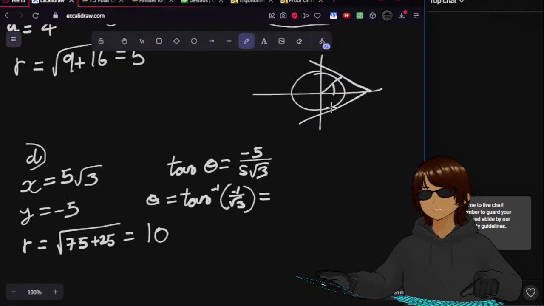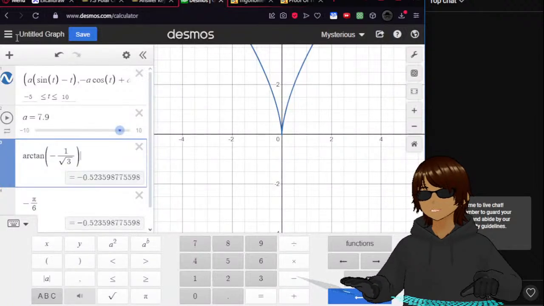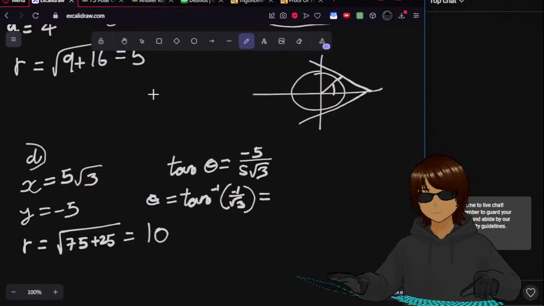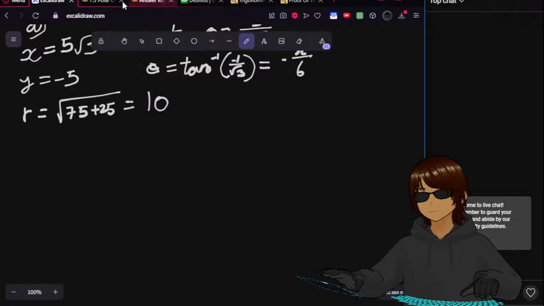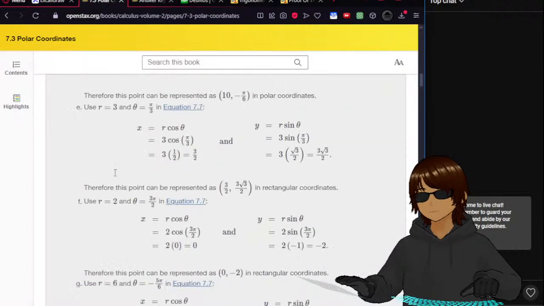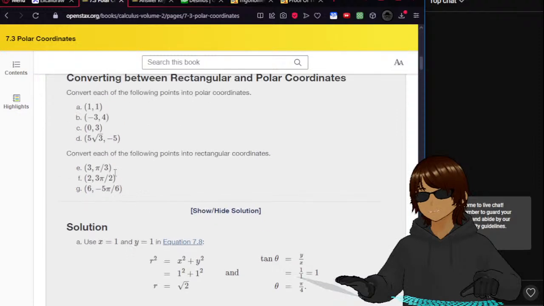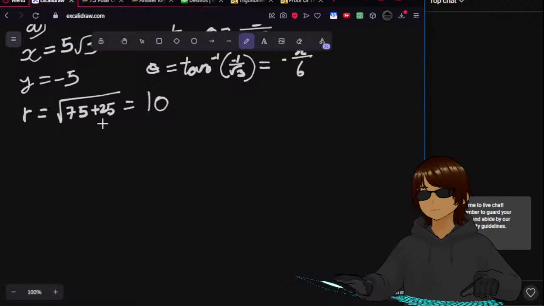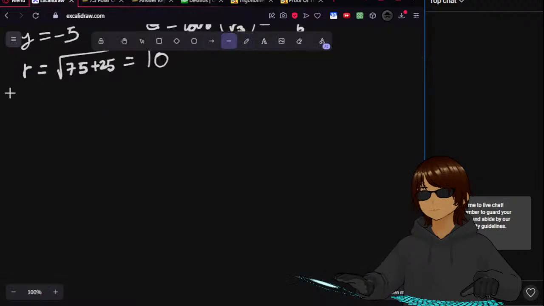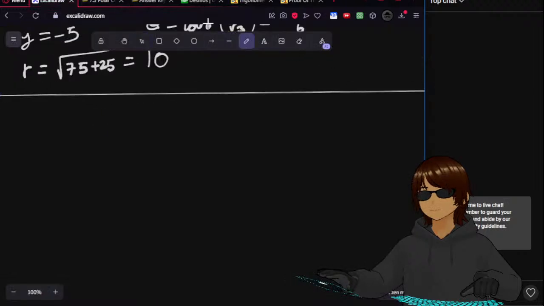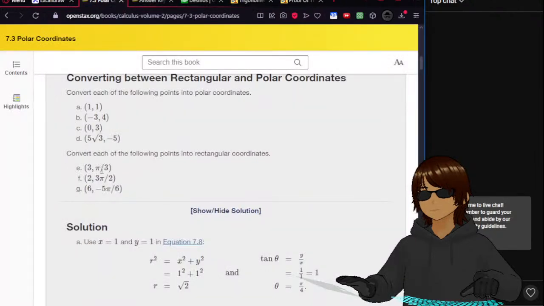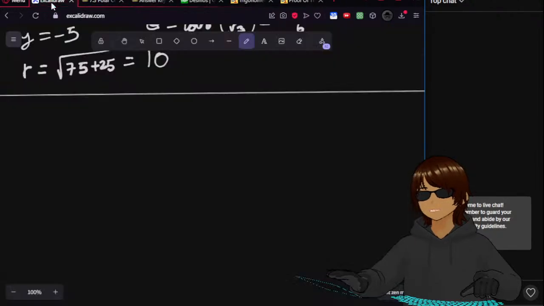It's in this quadrant. So that's why it says minus pi over 6. Right. Let's try one of this. 3 and pi over 3. This is E.